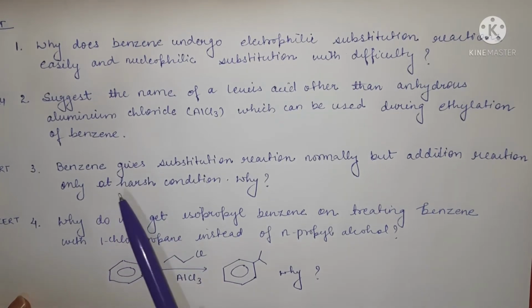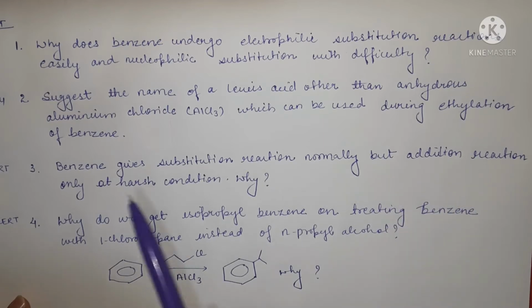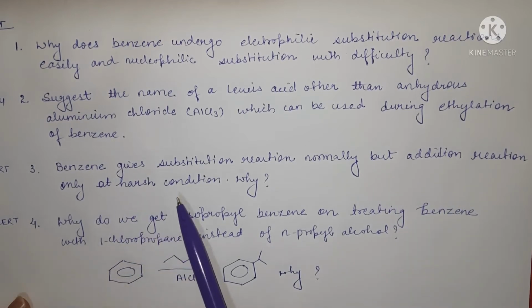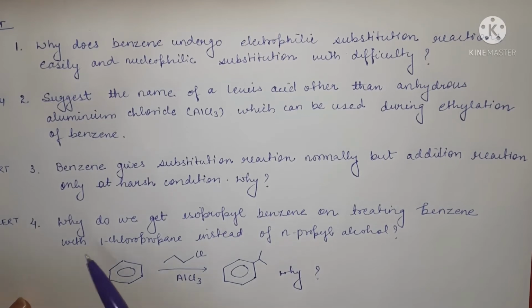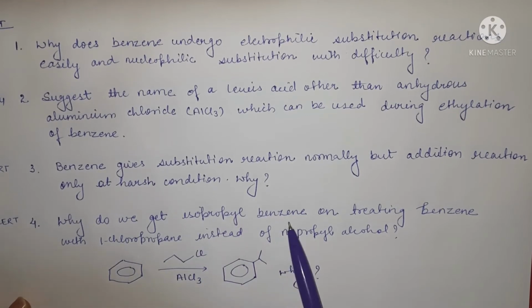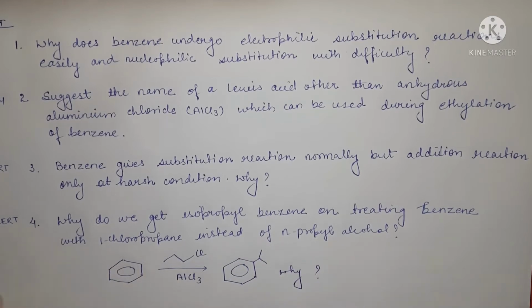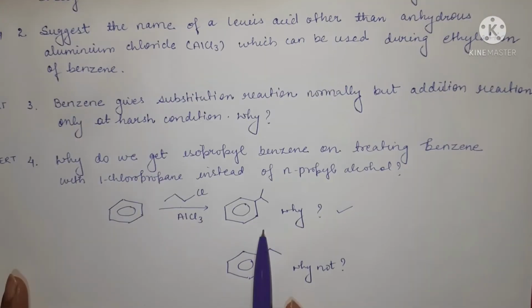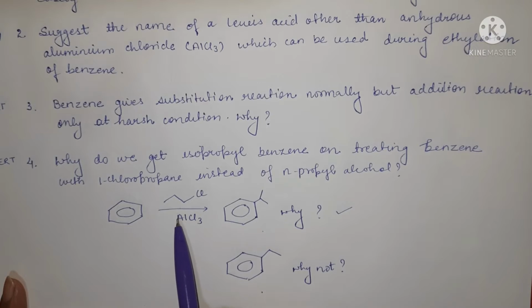Next: benzene gives substitution reaction normally but addition reaction only at harsh conditions. Why? And the last question: why do we get isopropyl benzene on treating benzene with 1-chloropropane instead of n-propyl benzene, because we have taken 1-chloropropane as a reactant?